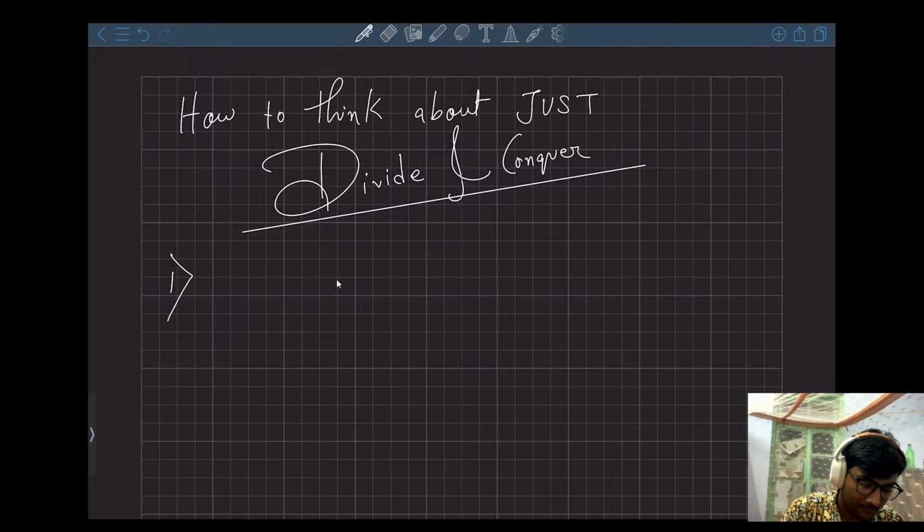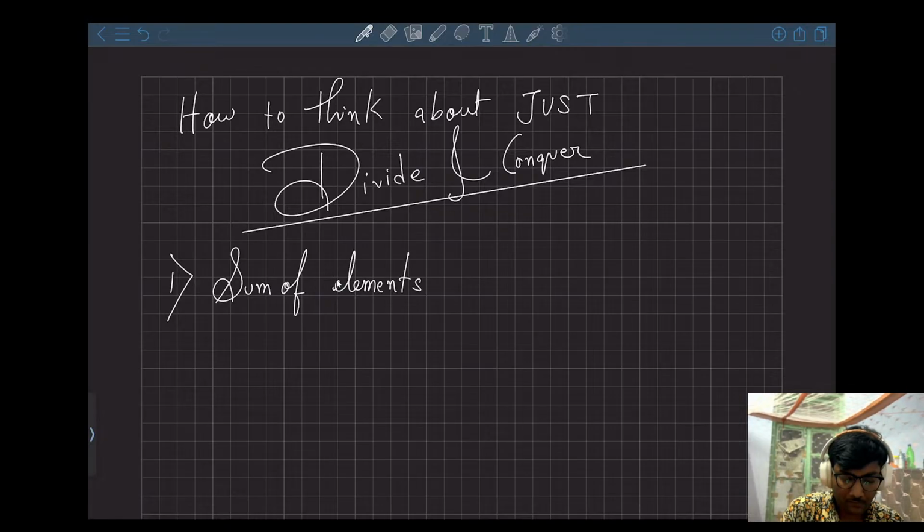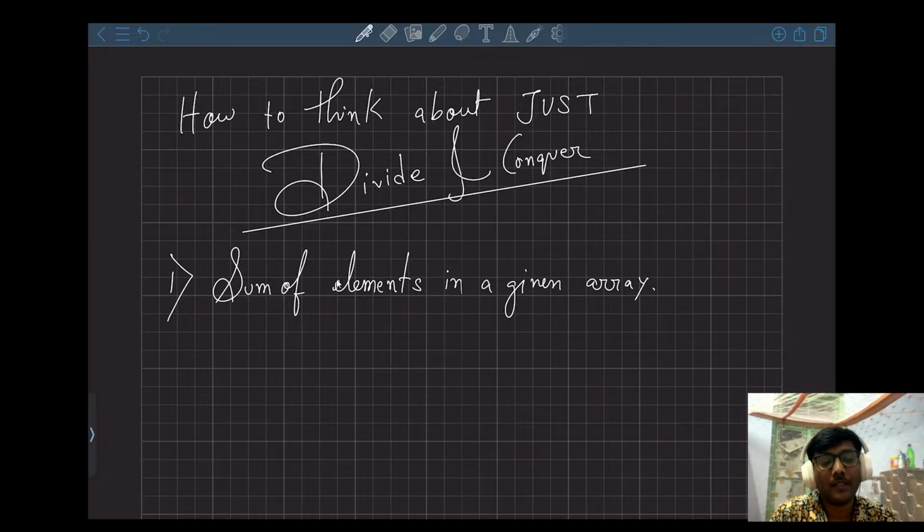Sum of elements in a given array. Of course, there's a very easy way to do this, but again, we want to use divide and conquer.